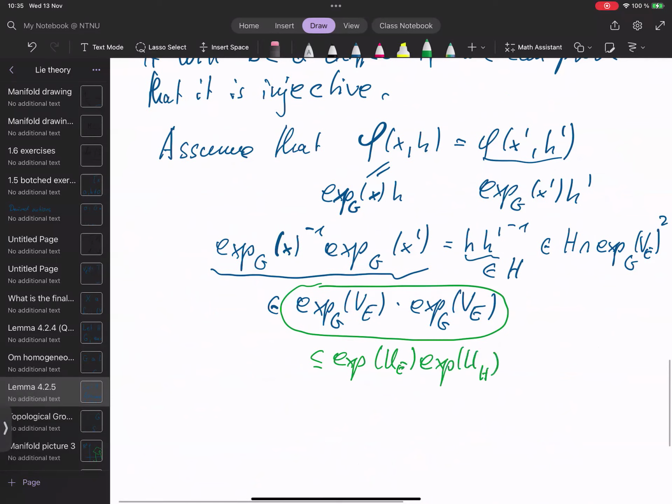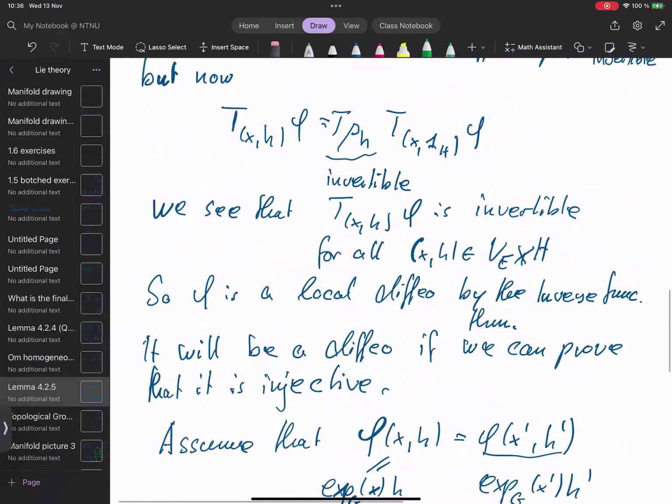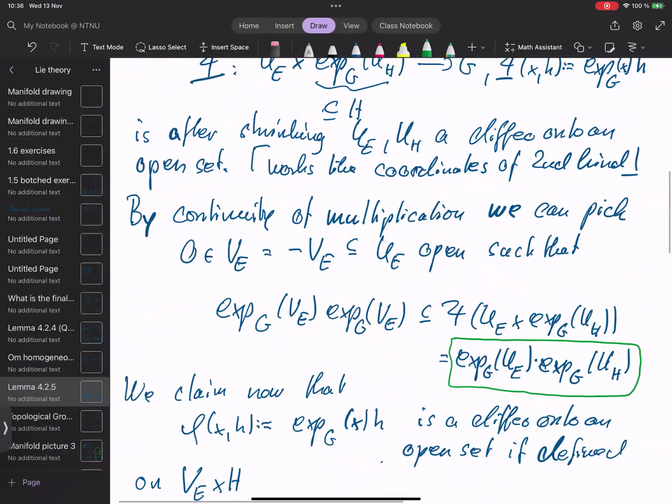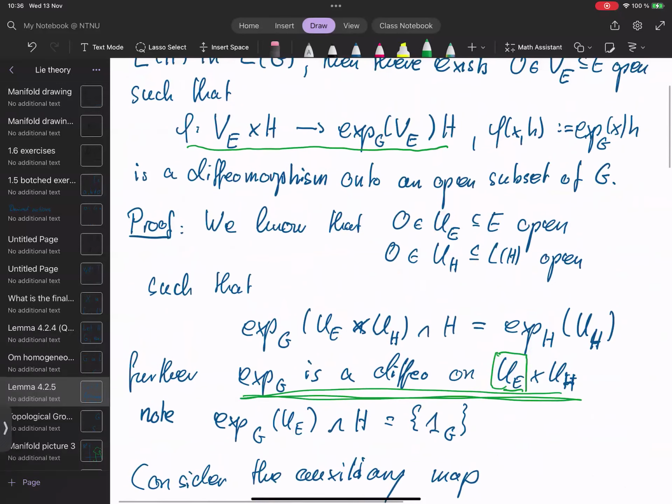We know that the exp is injective on this set, and now we intersect it with H. So if we intersect this set with H, let's see what condition we had. Aha.